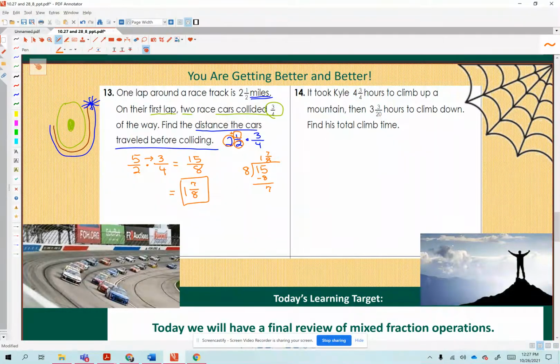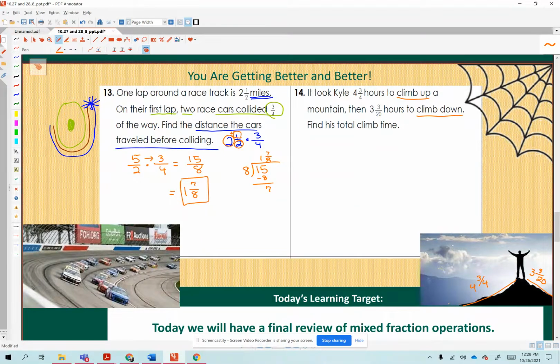And let's look at number 14. It took Kyle 4 3/4 hours to climb up a mountain, then 3 3/20 hours to climb down. Find his total climb time. Okay, so 4 3/4 of an hour to go up, 3 3/20 to come down.